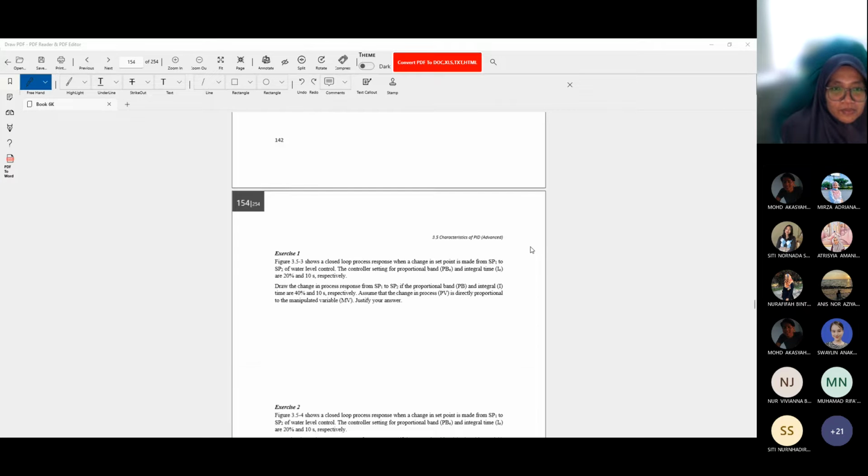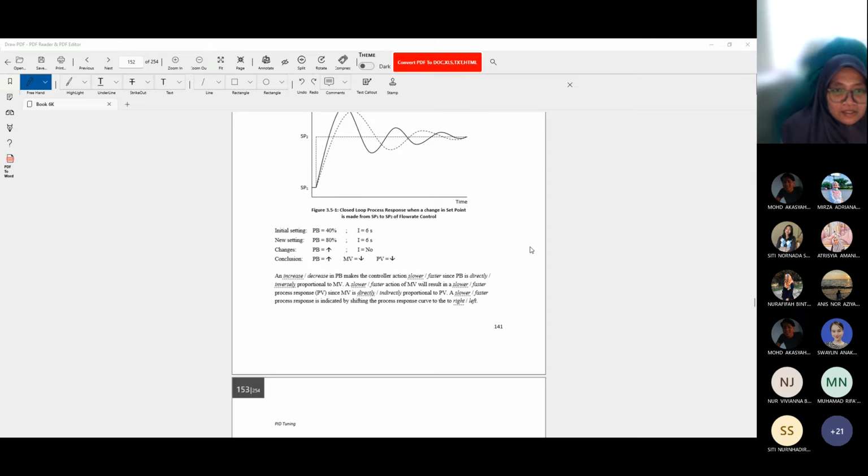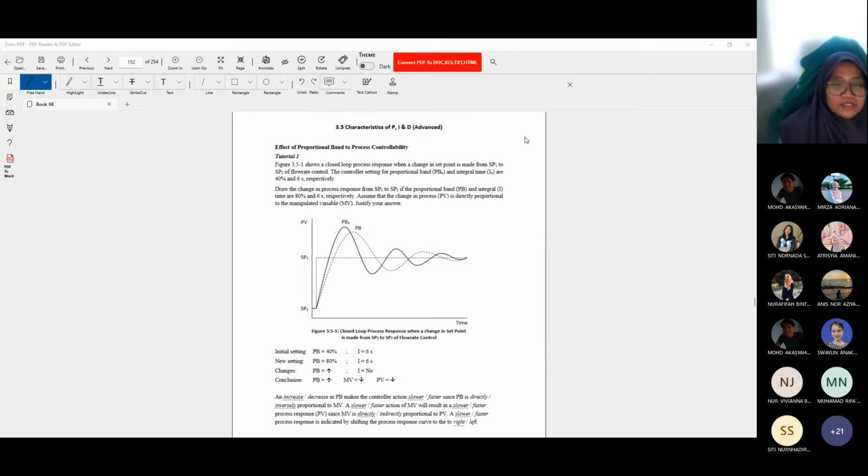Okay, nak cuba tak kita buat yang ni? Advance punya. Nah. Okay. Okay, so let's see first this one. This one basically sama je macam tadi. Kita ada tukar the value of PB from 40% to 80%.